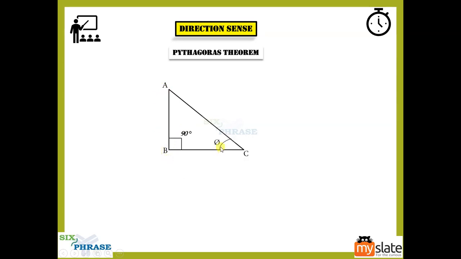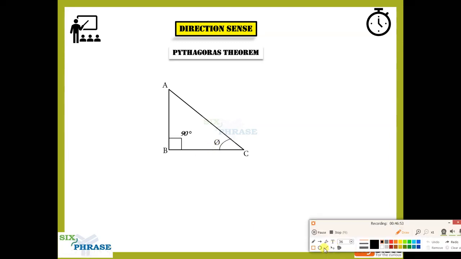And the side adjacent to it. Now what are the sides which are adjacent to this theta, guys? Both this side and this side are adjacent to theta. Adjacent means it is touching. But you can see AB is not touching, this is opposite.